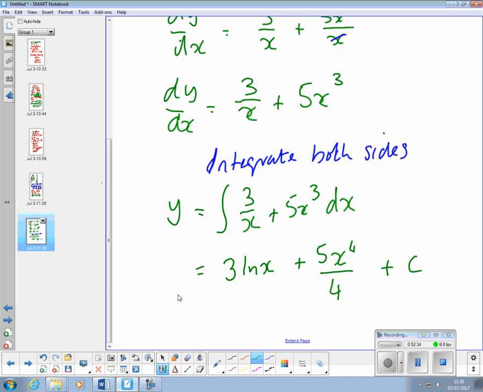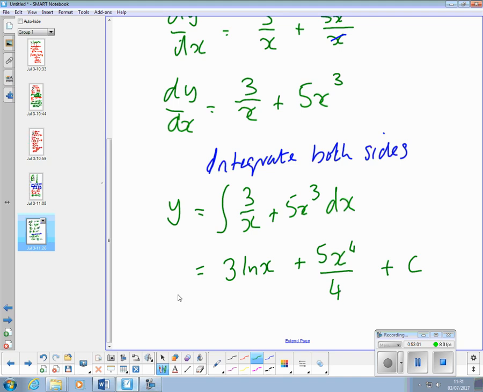Now, part B is use the same method, so you've got to rearrange it, i.e. get the sine x and the 3 over the other side. Just so you know, the general solution is a third cos x plus c.